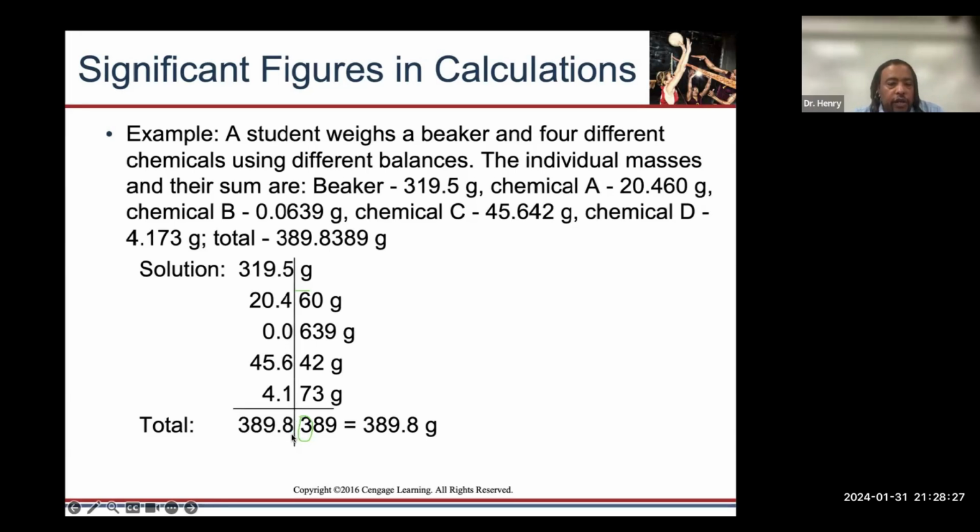Okay, so we know that we line it up. So that determines how many sig figs that we have. And then in this case, we take that 3, we know it's 3, so our value is just going to be 389.8 grams with 4 significant figures showing. Okay.